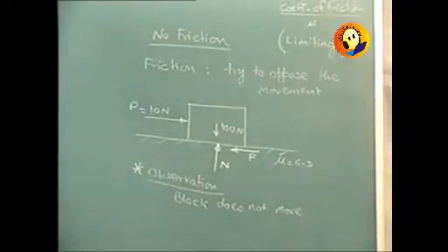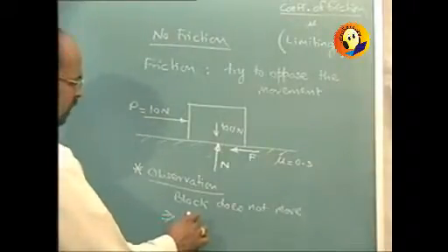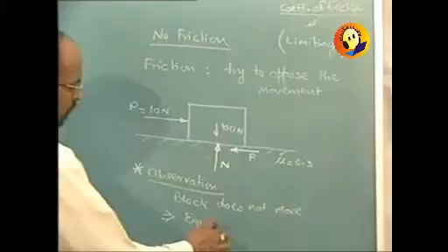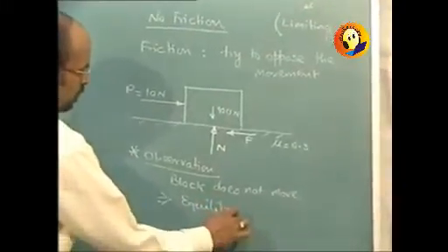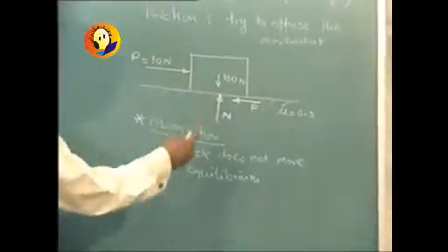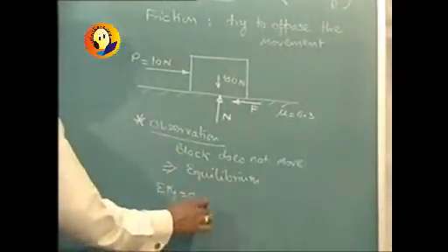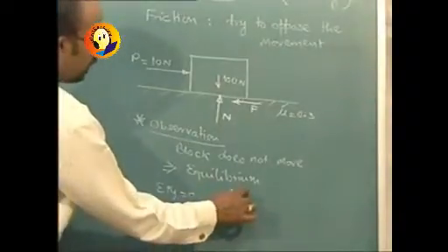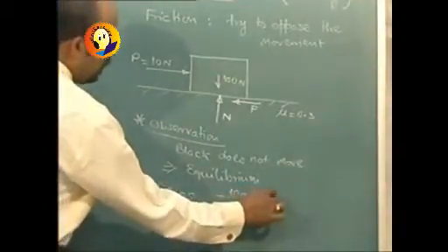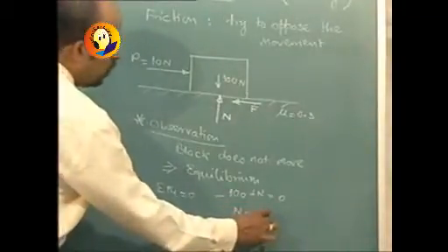If the block does not move, it simply means that the system is in equilibrium. If the system is in equilibrium, then you will easily say that by sigma Fy equal to 0, it will be minus 100 plus N equal to 0. And so the normal reaction will turn out to be 100 newtons.